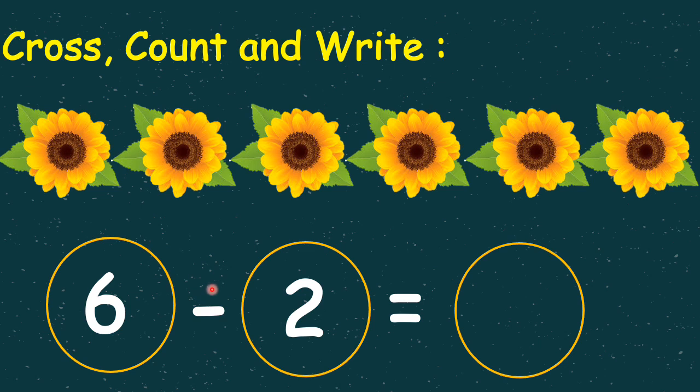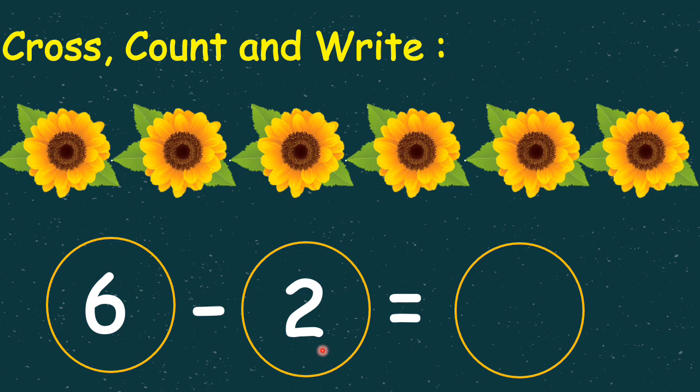But how many flowers do we have to remove here? Do you see number 2 given in the circle here? So, which means out of the 6 flowers given here, we need to remove 2 flowers. How many flowers? 2 flowers.